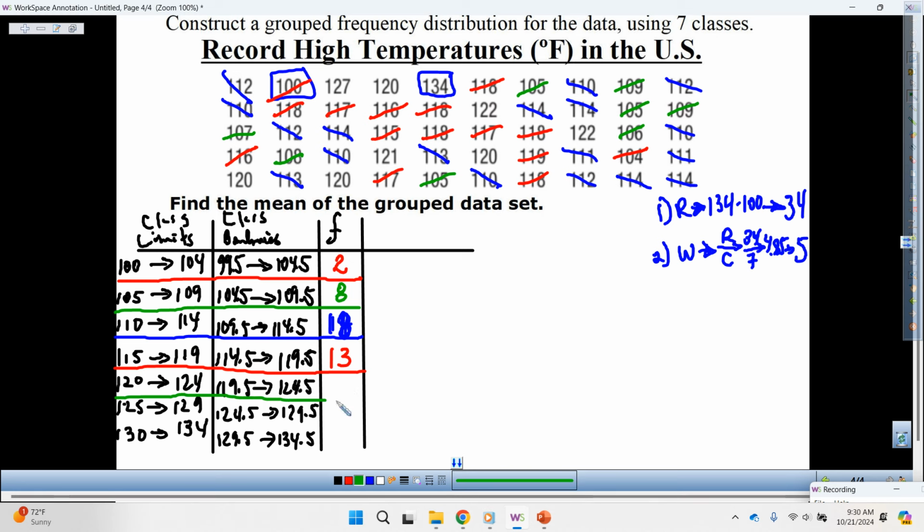120 to 124, 1, 2, 3, 4, 5, 6, 7. 125 to 129, 1.